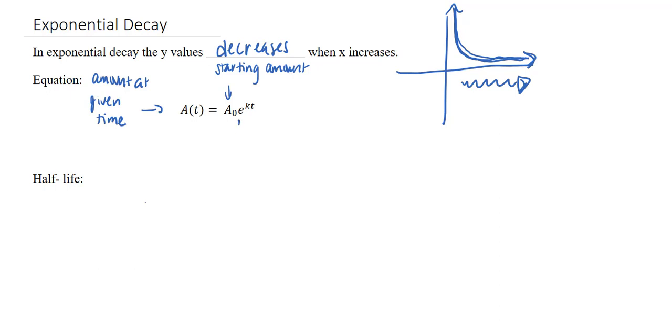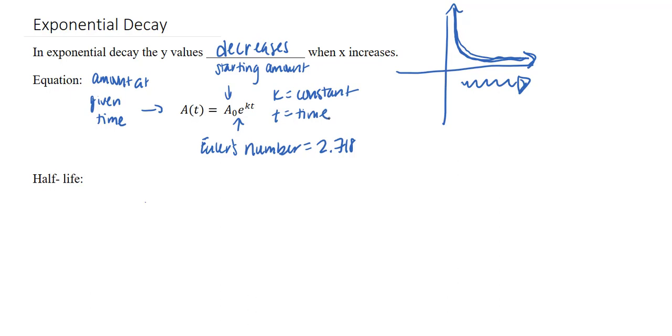E is still going to be Euler's number, 2.718 with infinite amount of digits. K is going to be our constant. It's going to be negative this time. And T is for time.